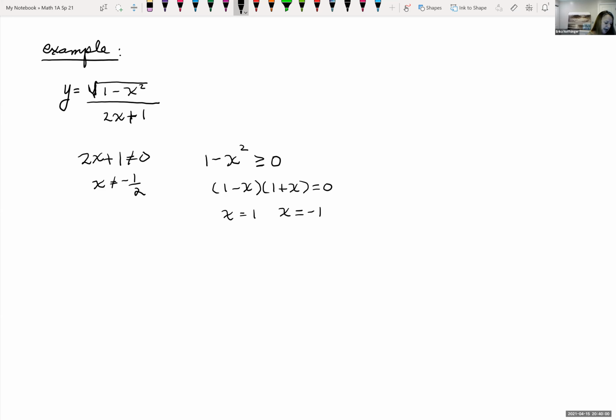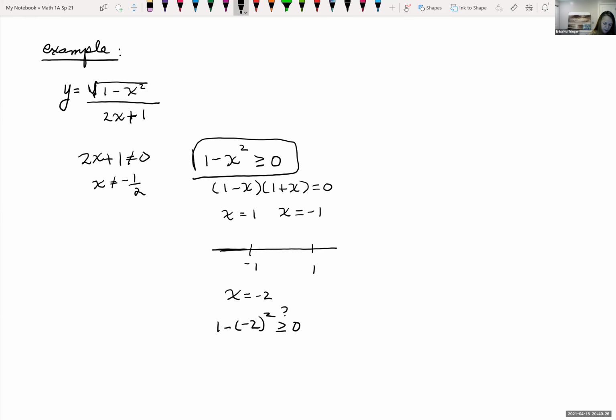And so we just need to test to see when this is positive and when it is negative. So if we plug in values, if you choose something to the left of negative 1, let's say x equals negative 2, we want to see, does that make this a true statement or a false statement? So is 1 minus negative 2 quantity squared bigger than or equal to 0?